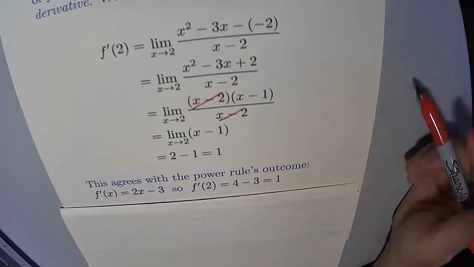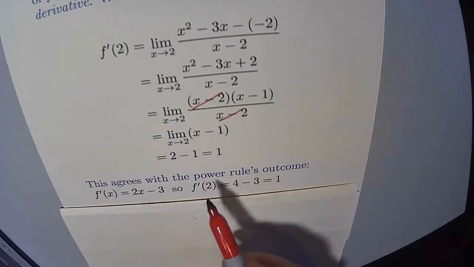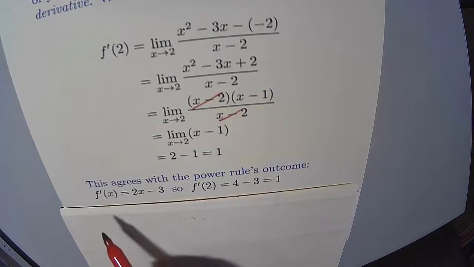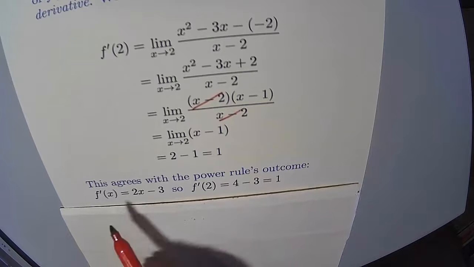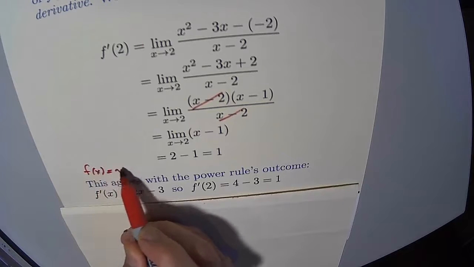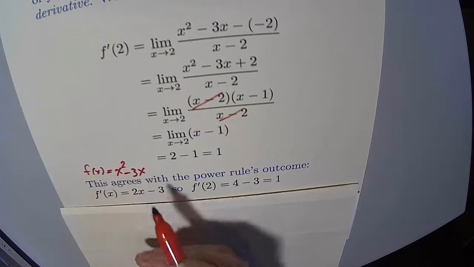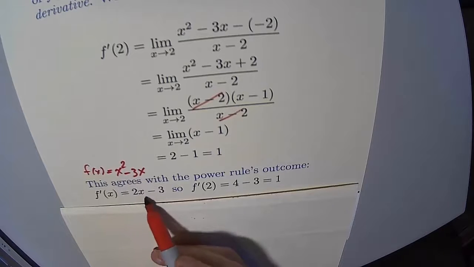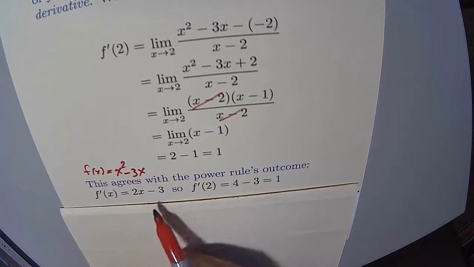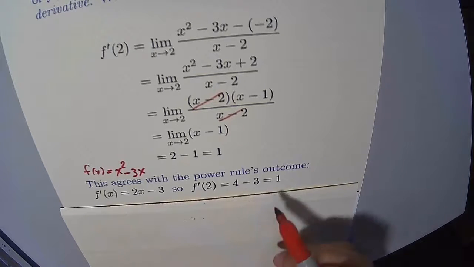If you like, you can check your answer using the power rule. F prime of x, f of x being x squared minus 3x, gives f prime of x equals 2x minus 3. And if I plug in 2 for x, I get 2 times 2, 4 minus 3. 4 minus 3 is 1.